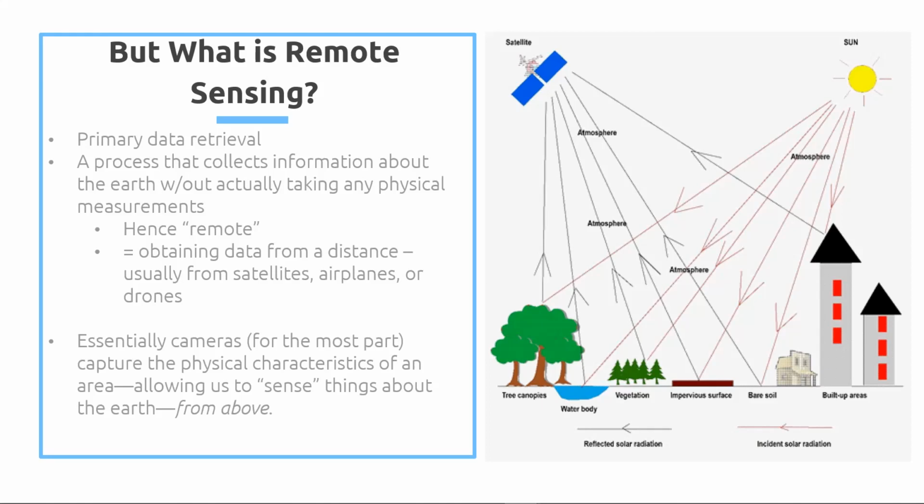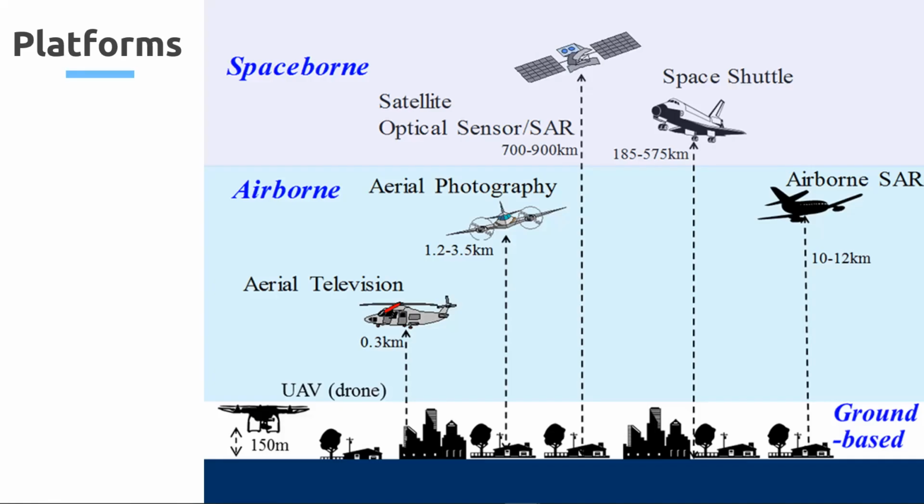Remote sensing is very common. It's just as big as GIS, but it's not the same as GIS. They're deeply related, but they have distinctions. For remote sensing, we have things called platforms. A platform is essentially an object or a vehicle or anything else that has a camera mounted on it, where we can take pictures of the Earth from above.